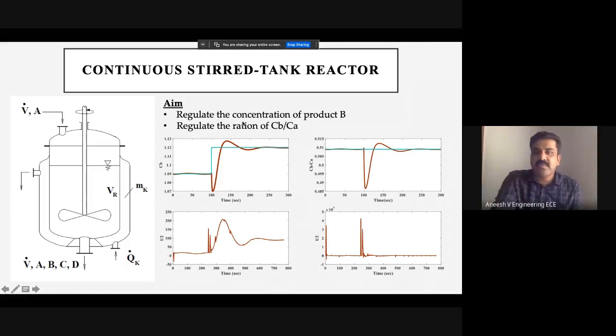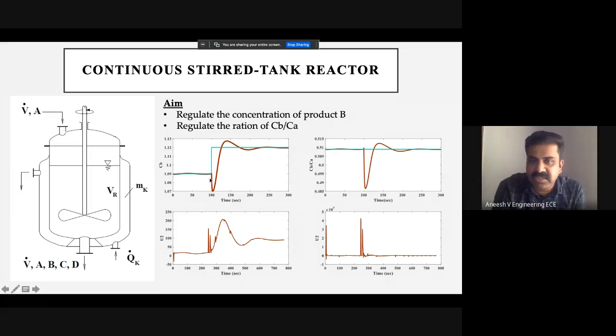We need to keep the concentration of product B at a particular level. For that, I made this line for reference tracking. It is like a step input. After 100 seconds, it steps up from 1.09 to 1.12. You can see that once I increase my step size, initially the tracking signal has a jerk.